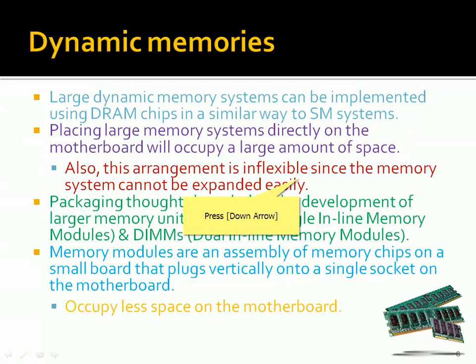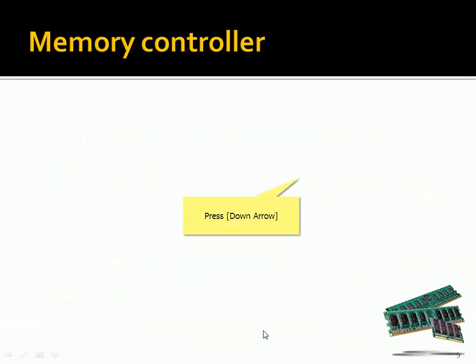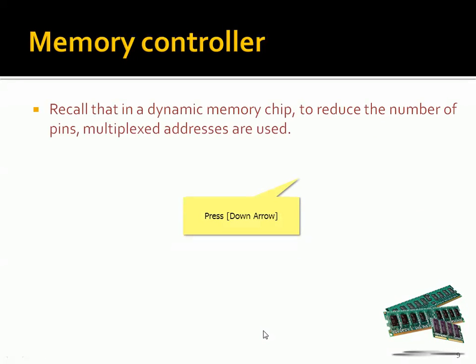The small board of memory chips plugs in vertically, which allows for easy expansion by removing it. So recollect the information about the dynamic memory chip. To reduce the number of pins, multiplexed addresses are used.